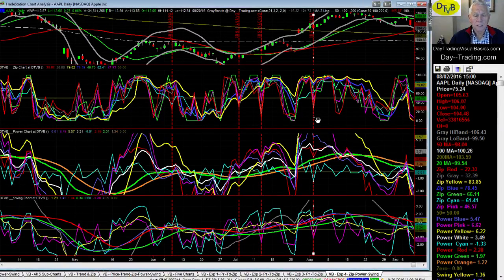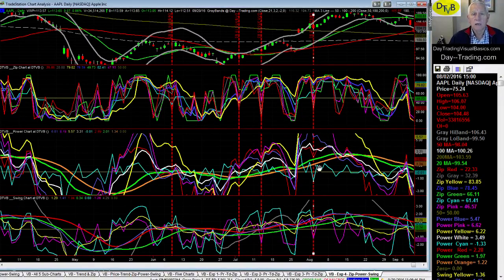In this particular case, we have all 7 short-term trend lines going up. The power green and orange are up and above 0, and the green and red swing chart are up and above 0. And that's important.